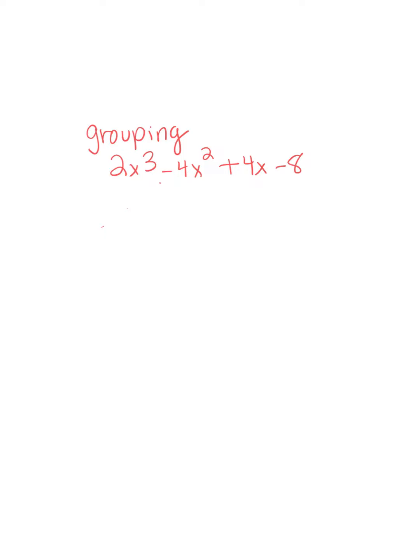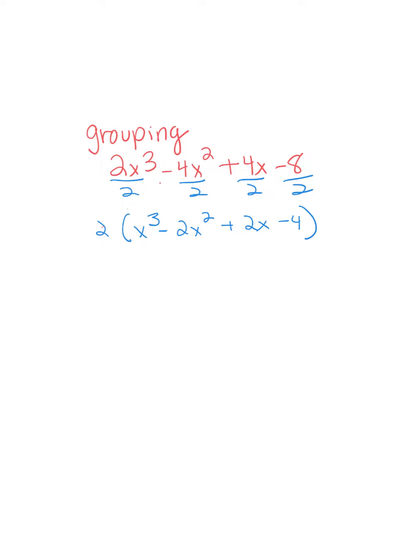All right, if we look at this problem, first thing I do is look all the way across. Is there a GCF of all four terms? Okay, and looking at this one, there's a GCF of 2. And so I'm going to take first and divide out that 2. And that is going to leave me with an x to the third, minus 2x squared, plus 2x minus 4.